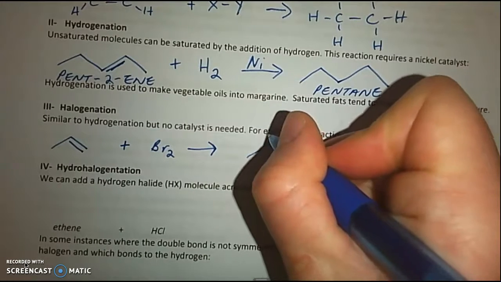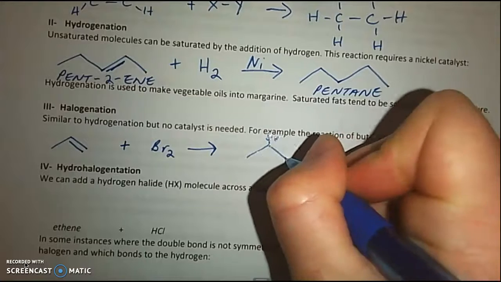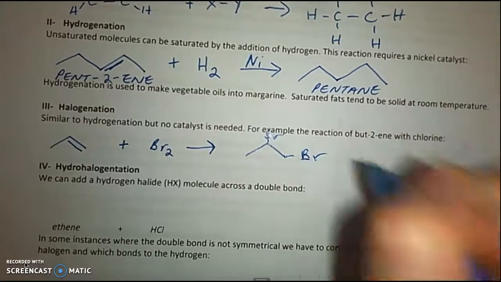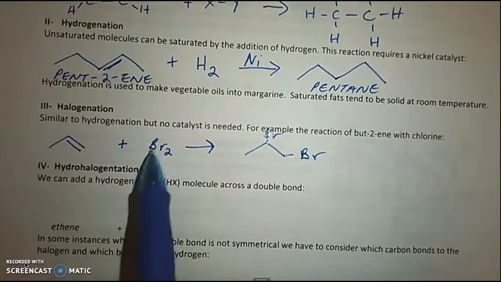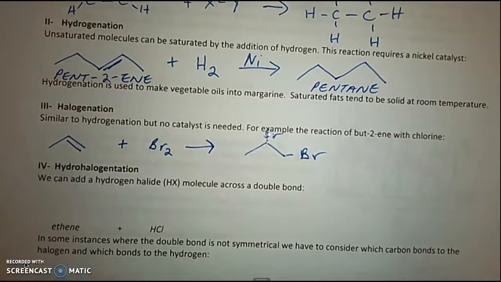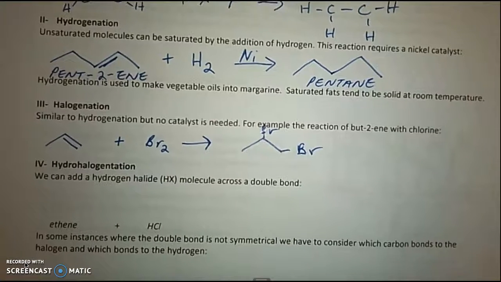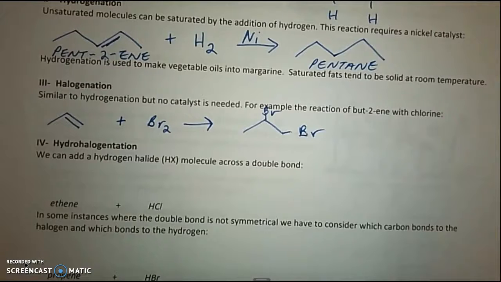So I'll end up with a bromine on the middle carbon and a bromine here. Okay, so your halogen will add again to the double bond.